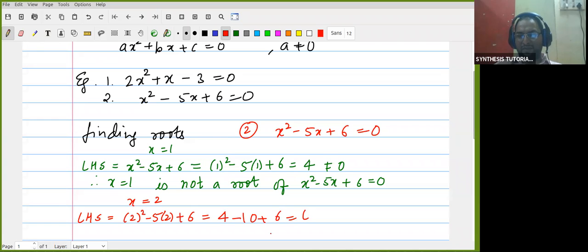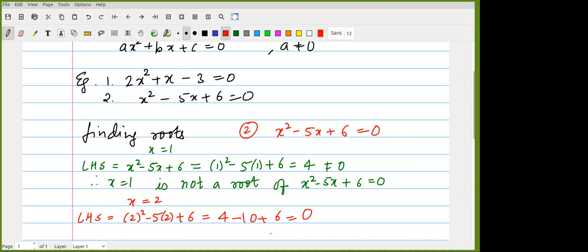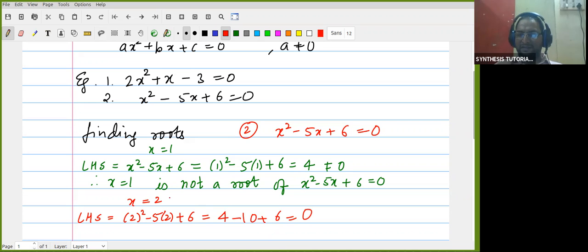This is 0. Since this is equal to 0, it is satisfying. So therefore, x equal to 2 is a root of x square minus 5x plus 6 equal to 0.